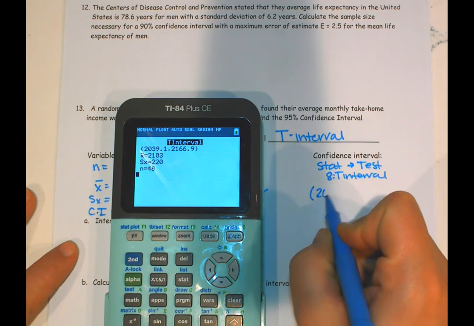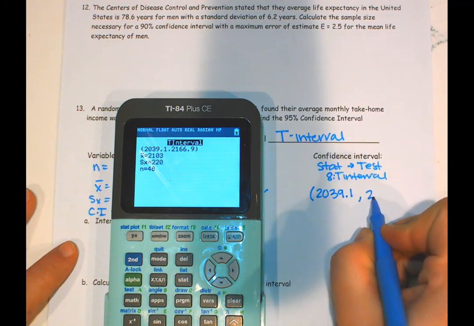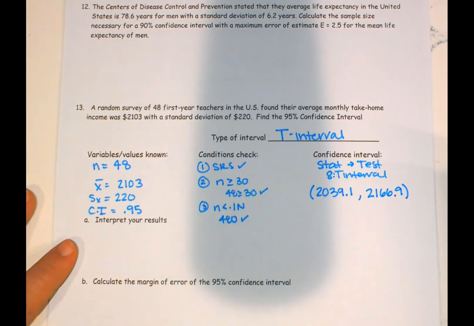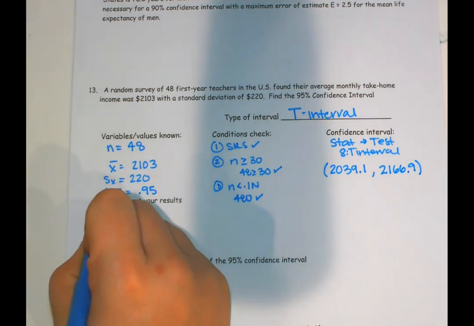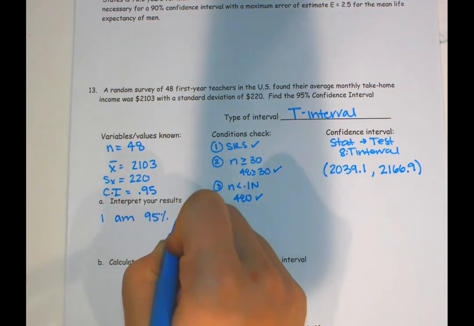We end up with 2,039.1 to 2,166.9. So we can interpret those results just like we interpret all of our confidence intervals. I am 95% confident.